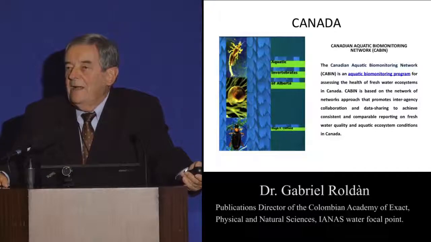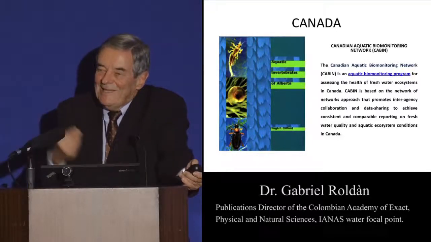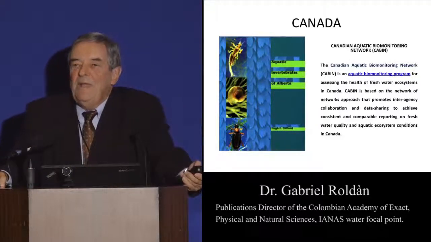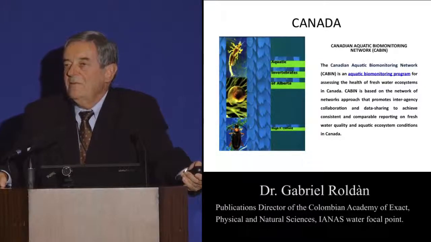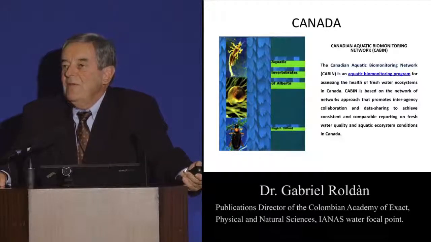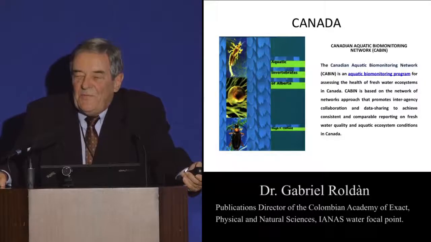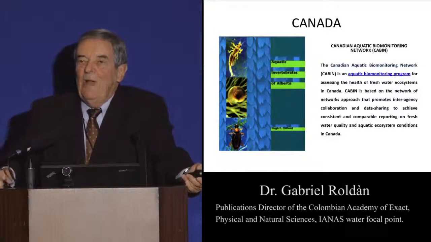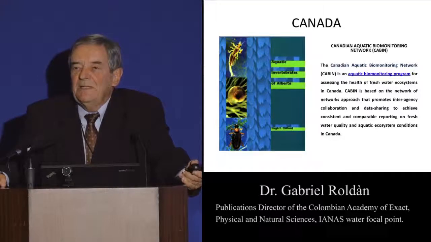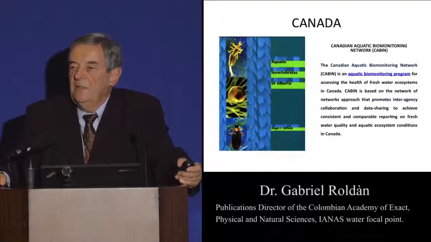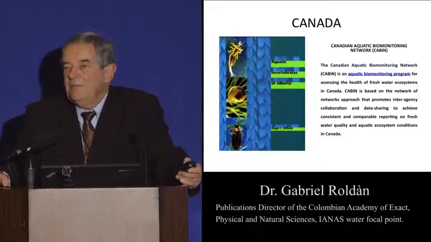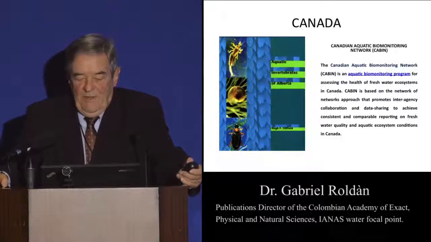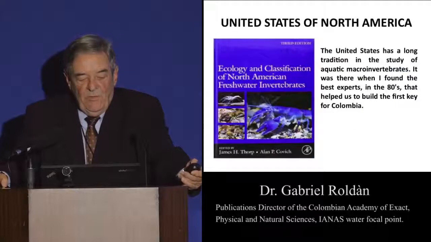The interesting thing is that when I began to study macroinvertebrates, it was in the United States. The climate, temperature and weather are completely different, and that was the difficult thing, making an adaptation for tropical conditions. So Canada is also very well known for this information.